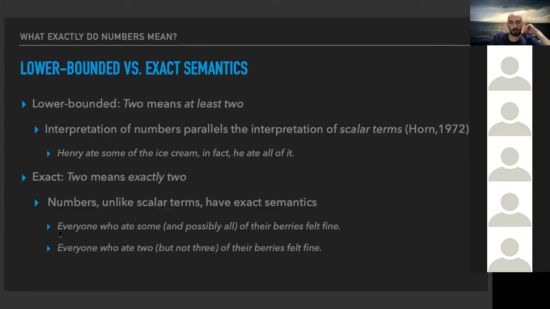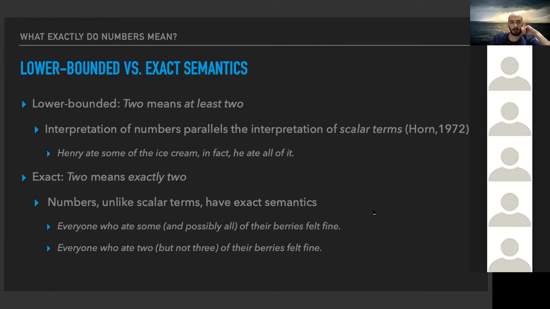So we could say everyone who ate at least some and possibly all of their berries felt fine. But this doesn't really work for the next sentence, like everyone who ate 2 of their berries felt fine. I can't say everyone who ate 3 of their berries felt also fine, like the first sentence doesn't entail the second one. That's basically what exact semantics means.